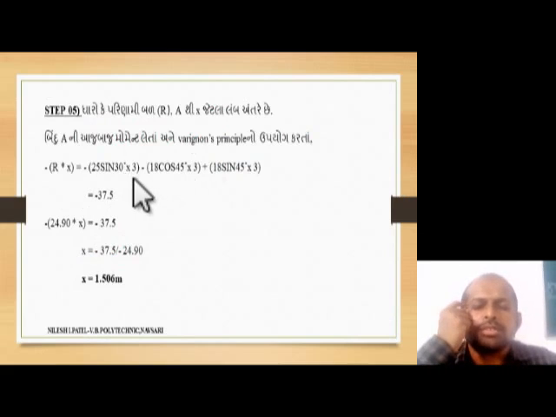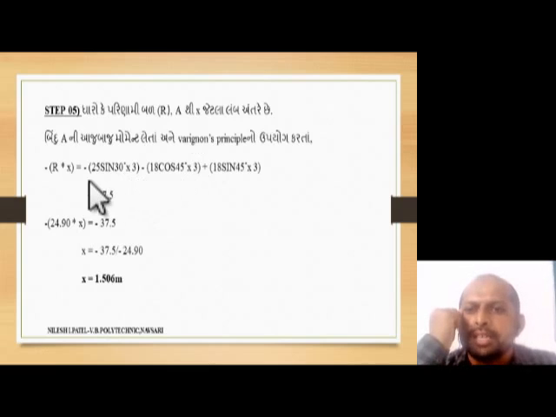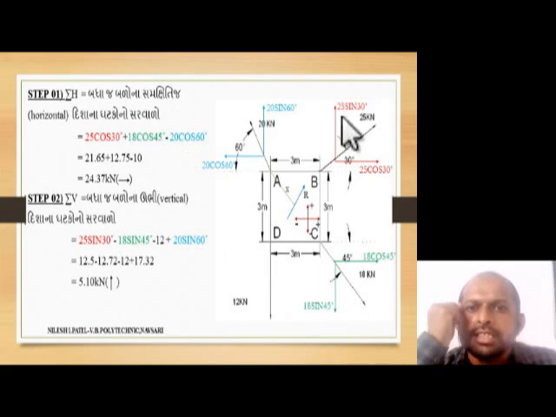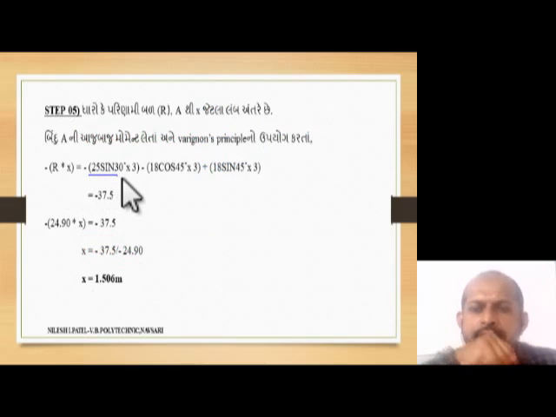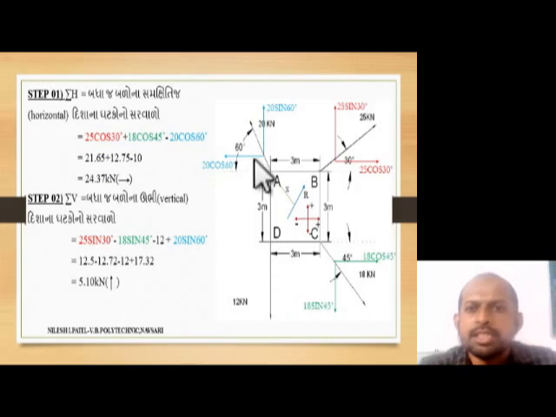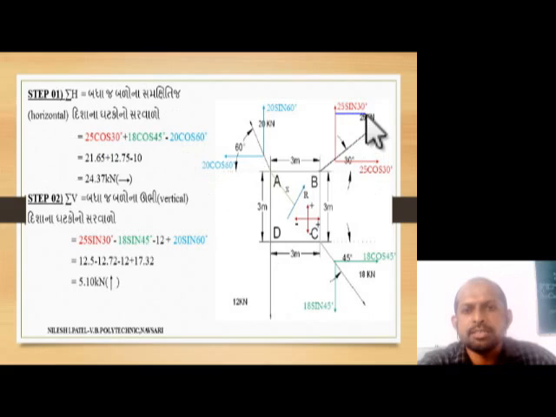You have to take moment of those forces about point A. So the first one is 25 sin 30 degree. So this component is 25 sin 30 degrees, located over here.